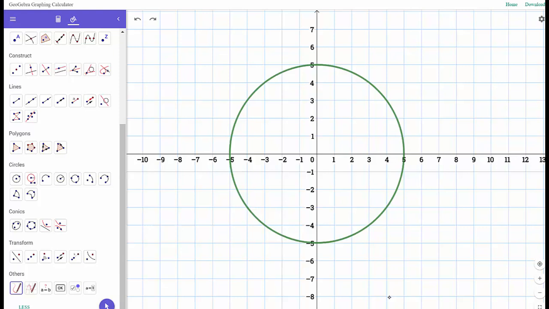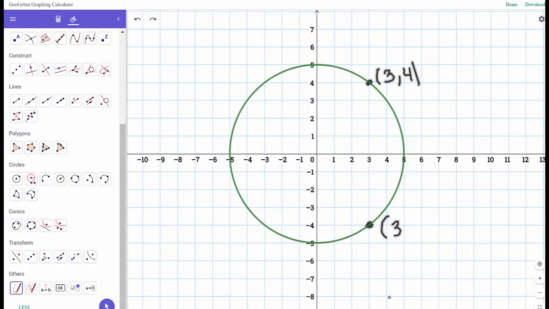Right, so for the value 3, you can get 2 outputs where one is 3 comma 4 and the other one is 3 comma negative 4. So because of that, this is not a function.